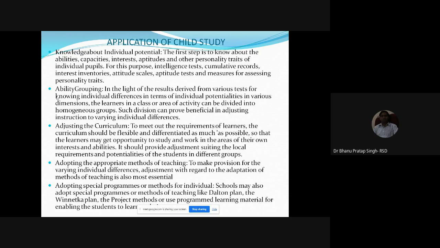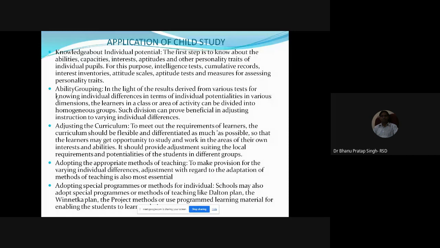Even adopting a special program or methods for the individual. A school may adopt a special program or method for teaching. Like, Dalton method is there, kindergarten method is there. There are so many other methods, project.